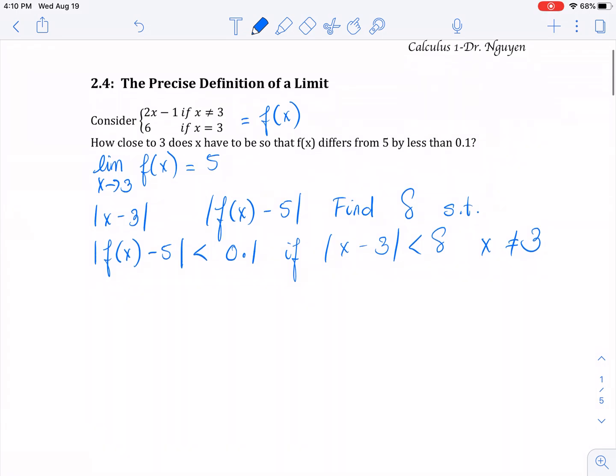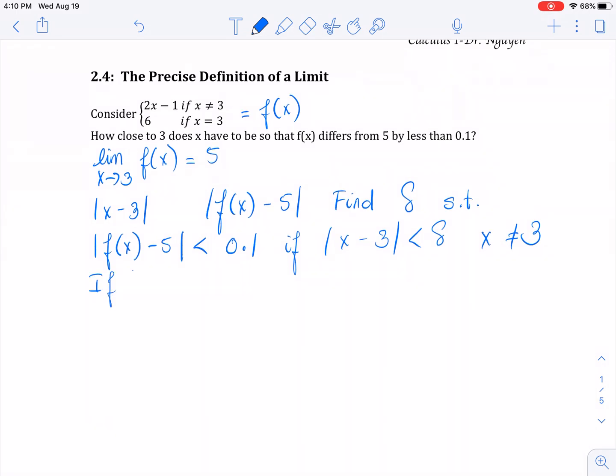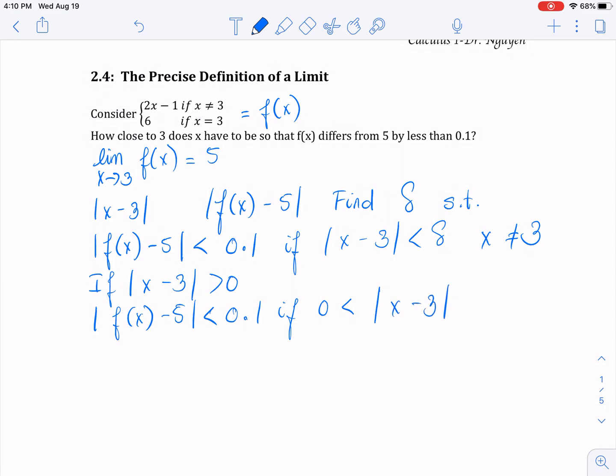Okay? So if the distance from x to 3 is positive, greater than 0, then we have such a number. So we have |f of x minus 5| less than 0.1 if 0 is less than |x minus 3| less than delta.